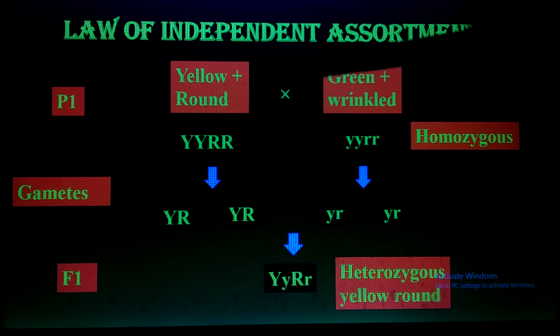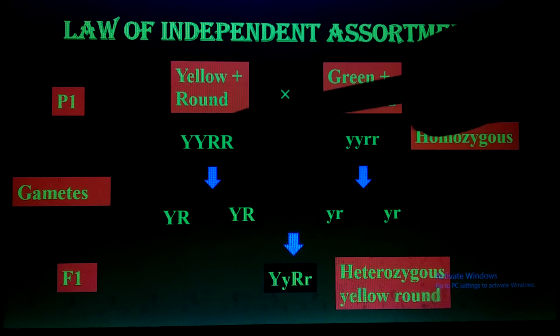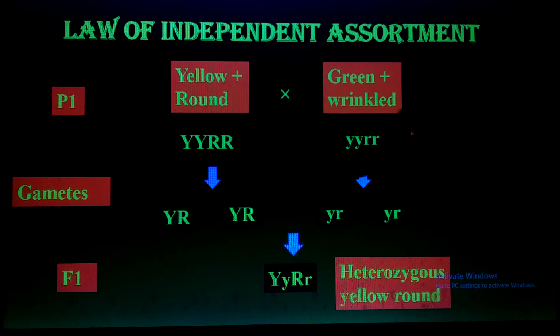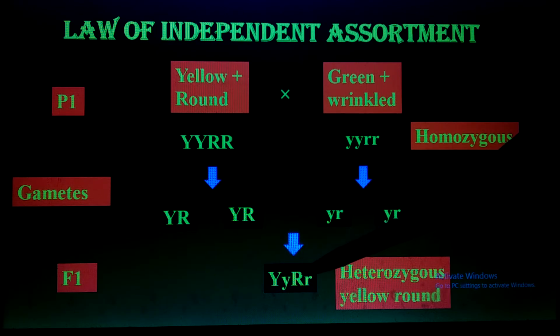Is it clear? When they cross, the first step is gamete formation. You can see here the gamete produced by the round and yellow parent is YR, and the gamete produced by the green wrinkled is small y, small r. So when fertilization occurs between these gametes, what will happen? The F1 generation is produced, meaning the first generation produced from these two true breeding plants.